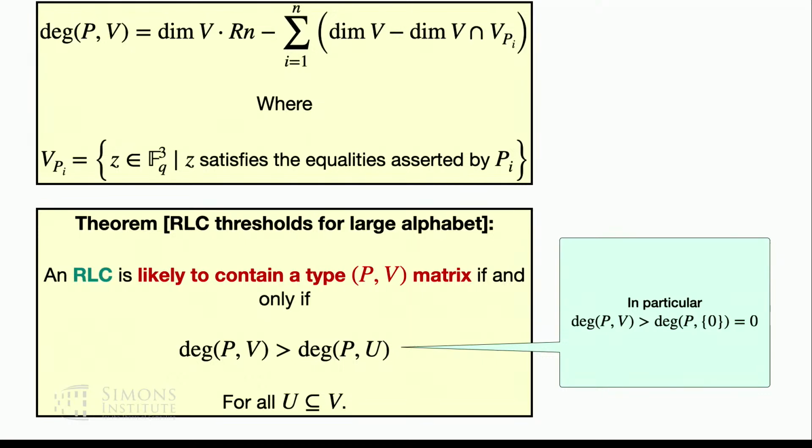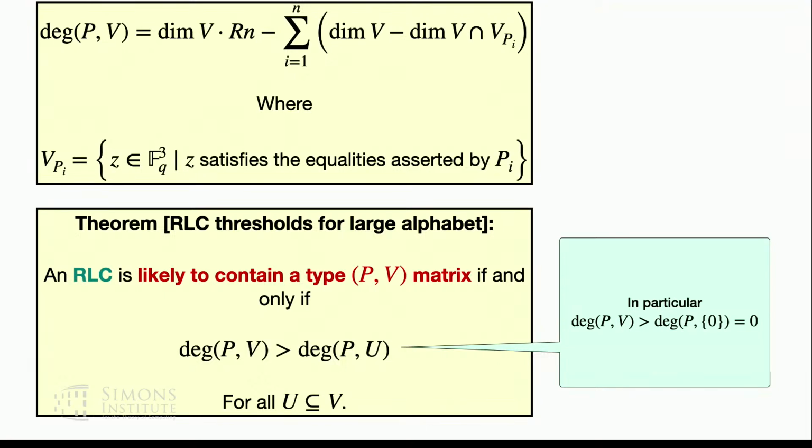When u is just the trivial space, the degree of P of the trivial space is 0, because there are no degrees of freedom, but also all the constraints are trivially satisfied. So in particular, this condition posits that the degree of P with V is indeed positive, which I'm saying as a sanity check for this condition.